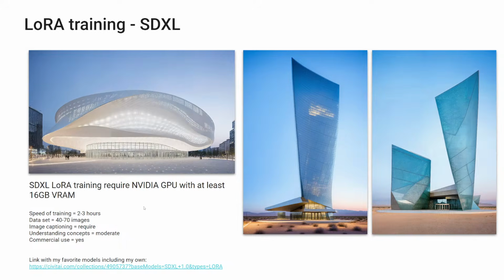It's interesting because it's easy to train, it's fast to train, and you need not a big set of images, 40 to 70 is okay. You still need to provide captioning, which means a description of each image. You can automate this job, but by default with each image you need to provide a text file with the description. You can use your LoRA afterwards for commercial use, and the understanding of the concept which you train in is moderate, so it's not really precise.